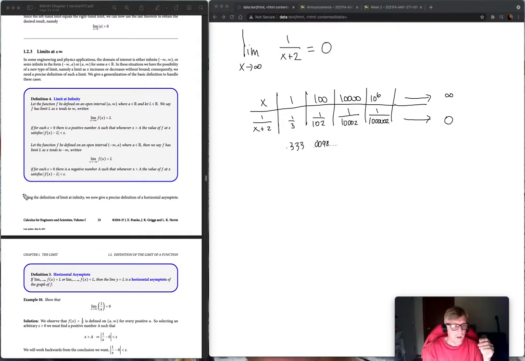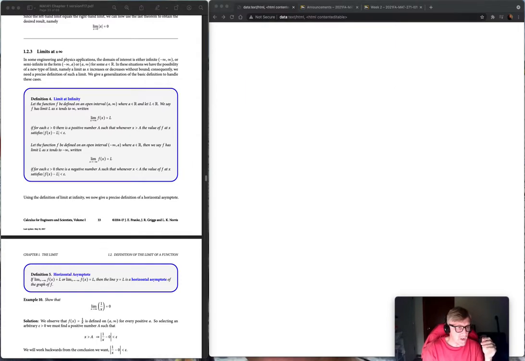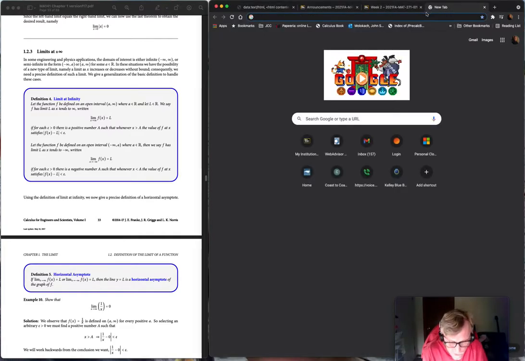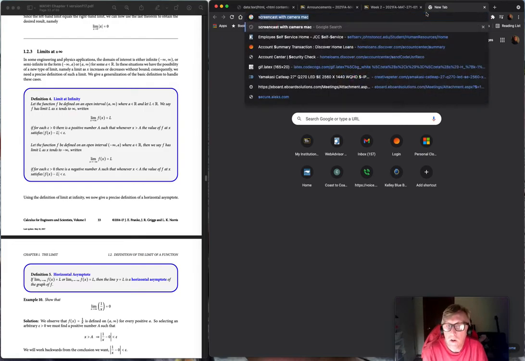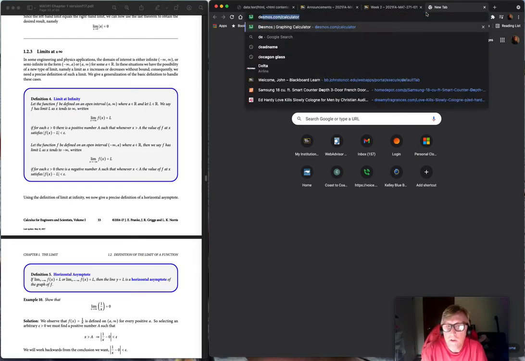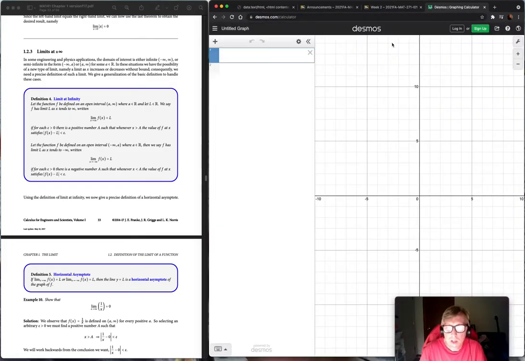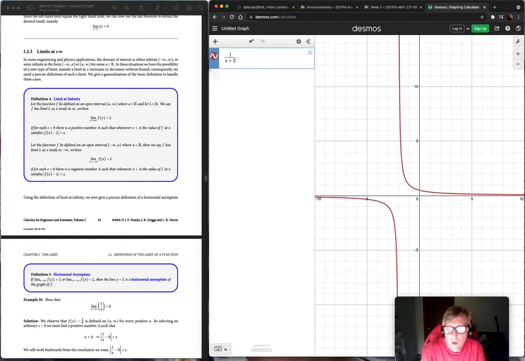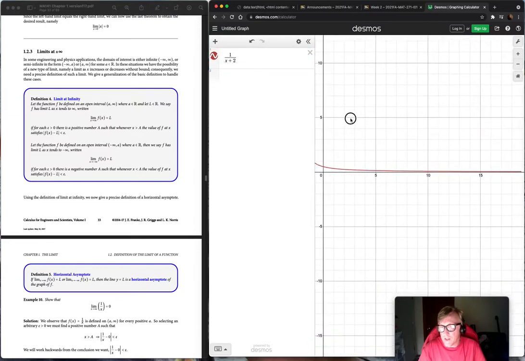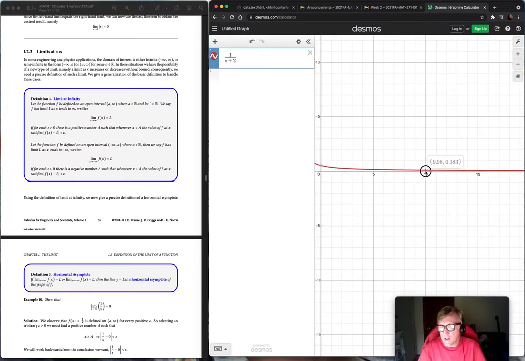Another thing we can do, let me hide all that and very quickly look at the Desmos graphing calculator. What's happening to the graph of 1 over x plus 2? At 1 we definitely got 1/3, 0.3 repeating. At 10 it was a small number.